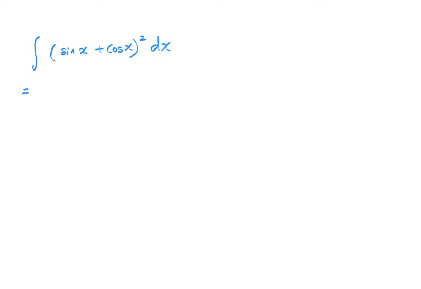Look, (A plus B) the whole thing squared is A squared plus 2AB plus B squared, correct? So now you write it. My A is sin x, my B is cos x.